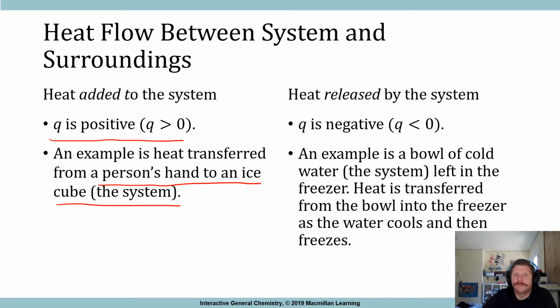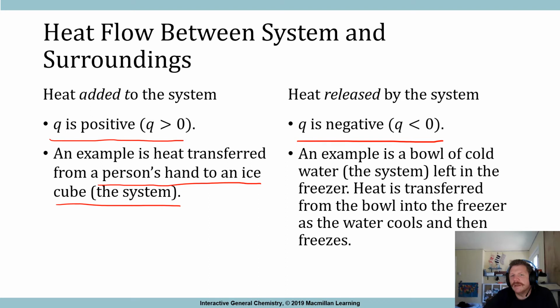causing it to melt. Now, when heat is released by a system, your Q is negative. An example is a bowl of cold water left in the freezer. Heat is going to be transferred from the bowl into the freezer as the water cools and then freezes.